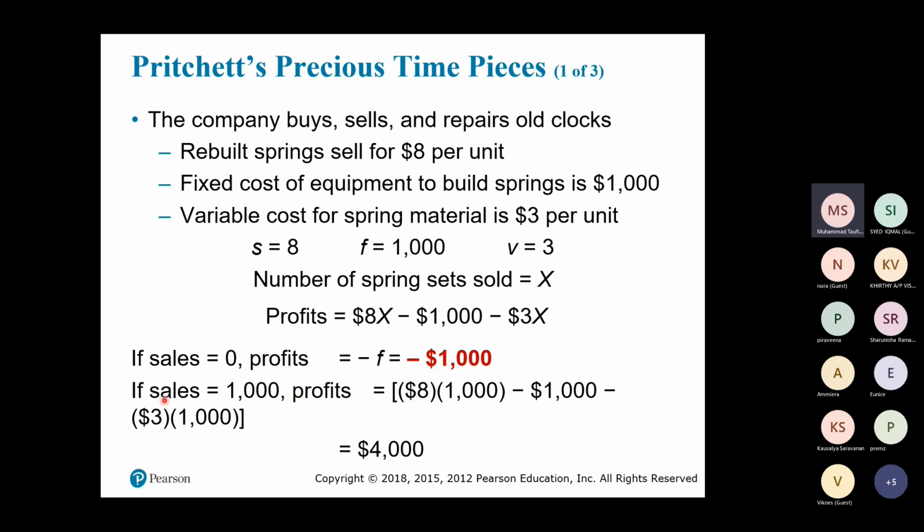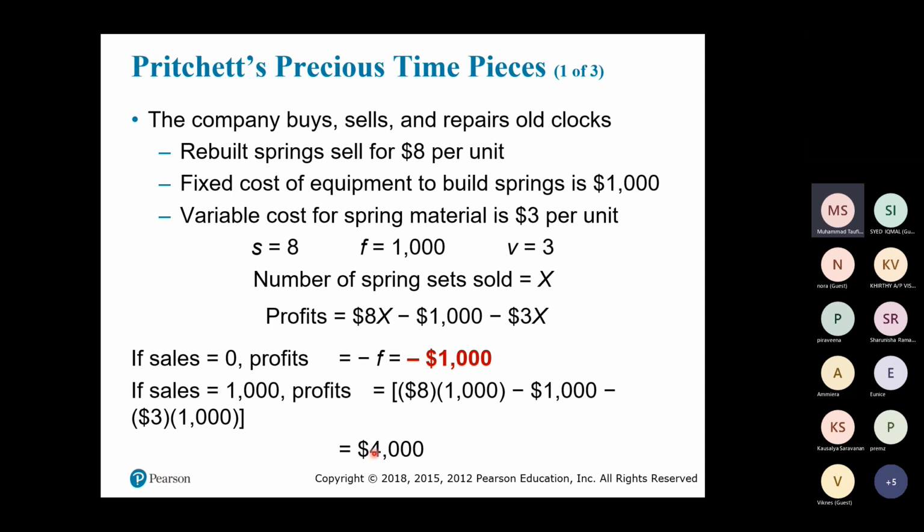And then if you are able to make a sale of 1,000 units, then your profit will be 8 multiplied by 1,000 minus 1,000 minus 3 multiplied by 1,000 ringgit, and your profit is 4,000 ringgit.